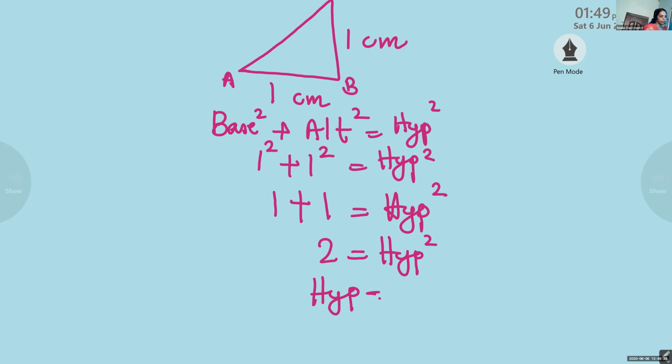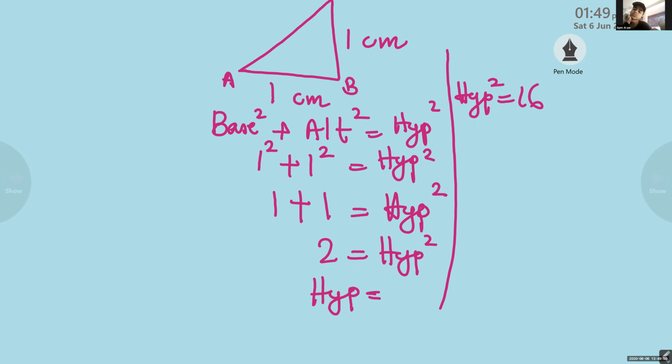If hypotenuse square is 2, what will be hypotenuse? Wait, I'll show you. Listen. Suppose hypotenuse square equal to 16. What will you write as the answer? 4. Good.